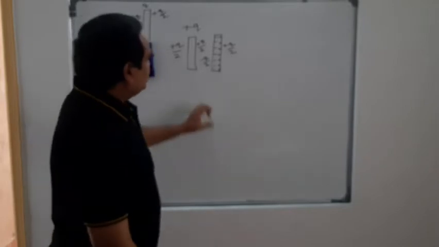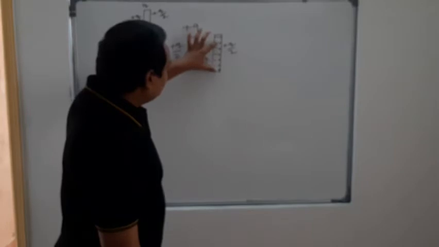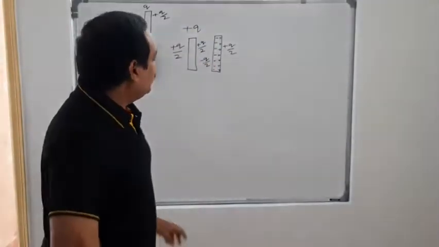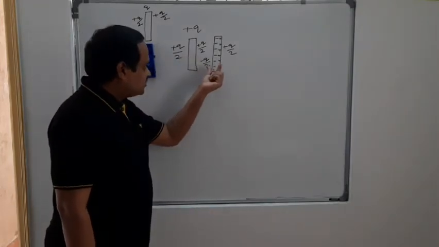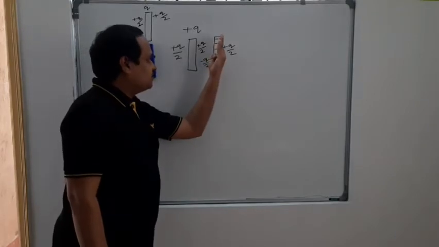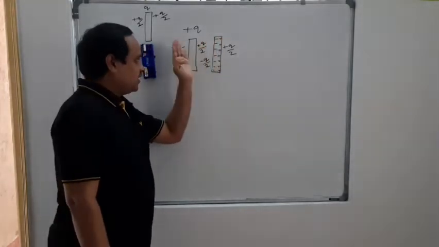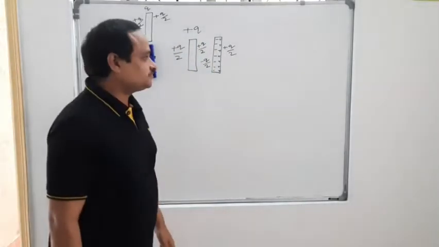Right? So these are the things that happen when a neutrally charged body is brought closer towards a positive charged body. All the negative charges will be accumulated at the inner end, and all the positive charges on the opposite end.